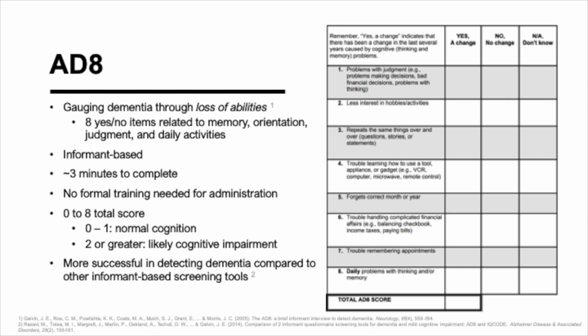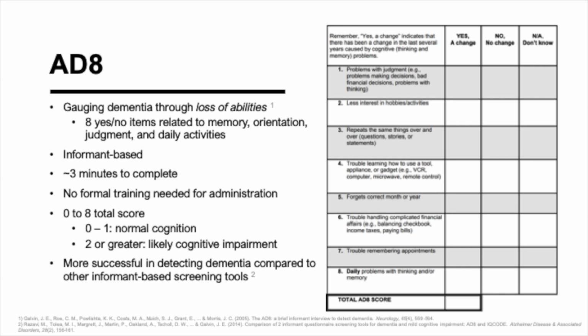I'll be forgetting for a while which year it is. Trouble handling complicated financial affairs, and trouble remembering appointments, and then also a change in daily overall problems. So all of these you'd be asking, has there been a change in this? Yes or no, over years or over time, has there been a change in this?